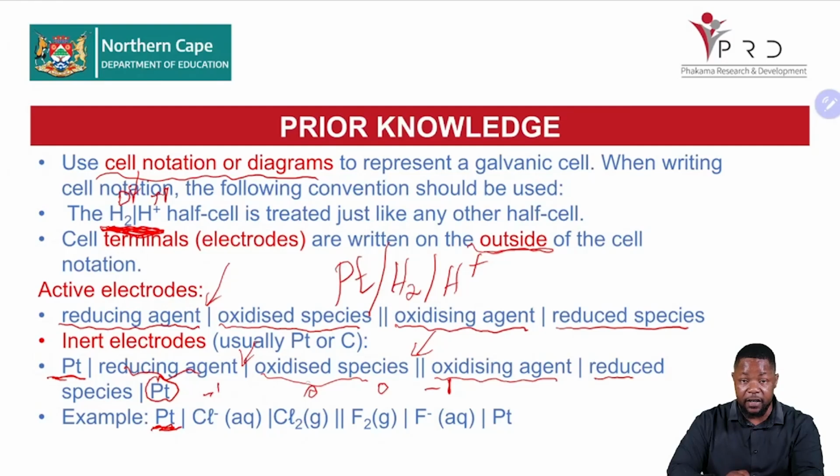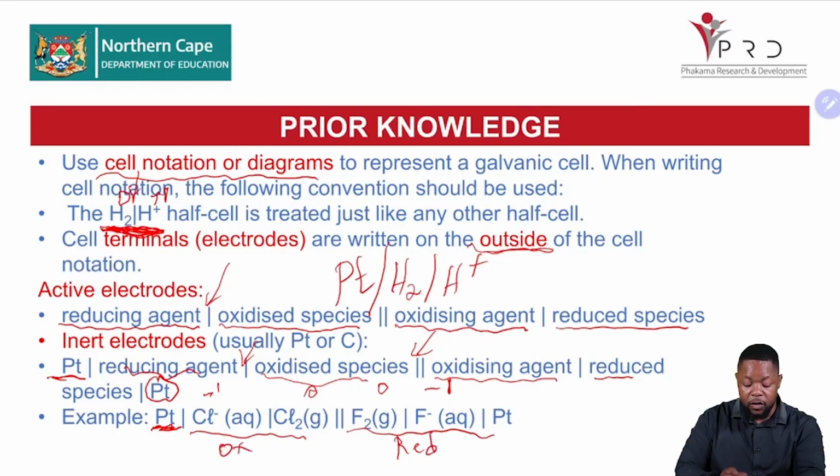For fluorine, the oxidation number goes from 0 to -1, which shows a decrease in oxidation number. So the substance on the left undergoes oxidation, and the substance on the right undergoes reduction.